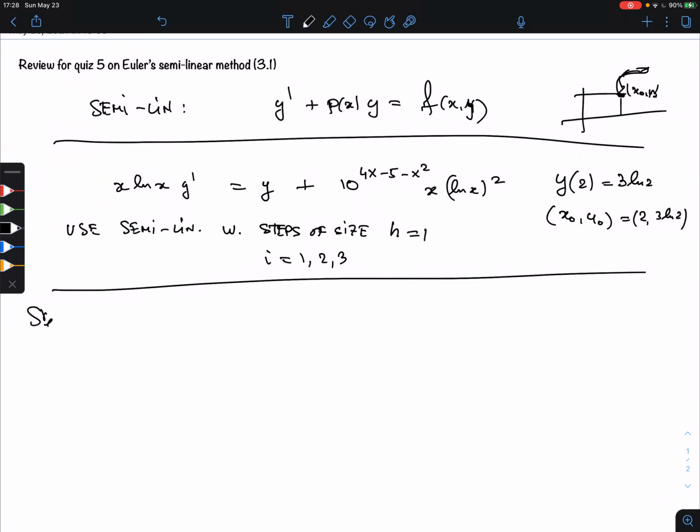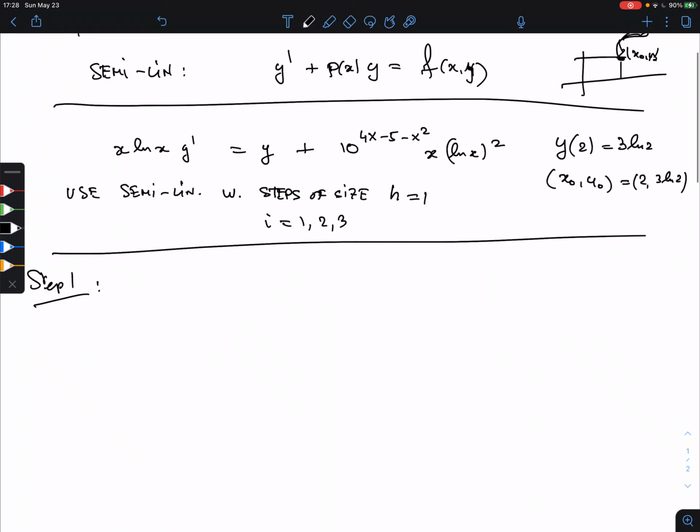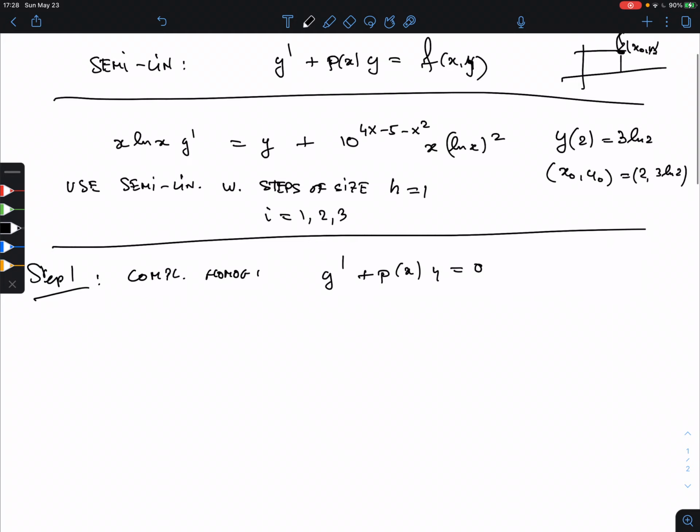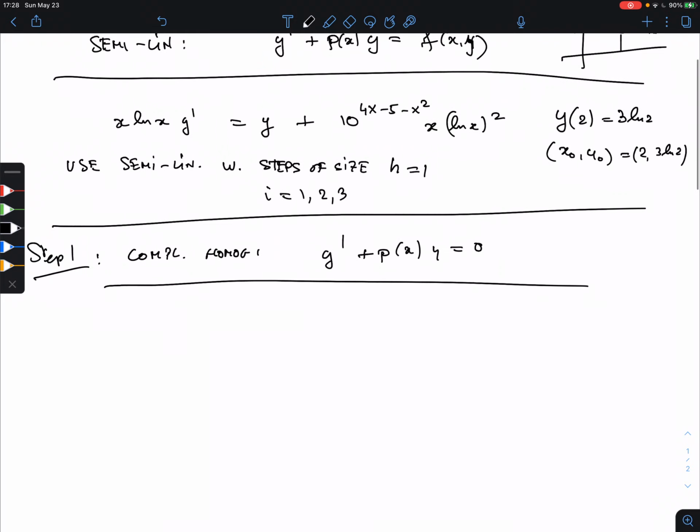Well, step 1, we have to get to the variation of parameters. So we have the complementary homogeneous equation. As I said, in general, this is how it looks. So what is this for us? Well, first of all, perhaps I should write my equation again in the standard form. Divide everything by x ln x.